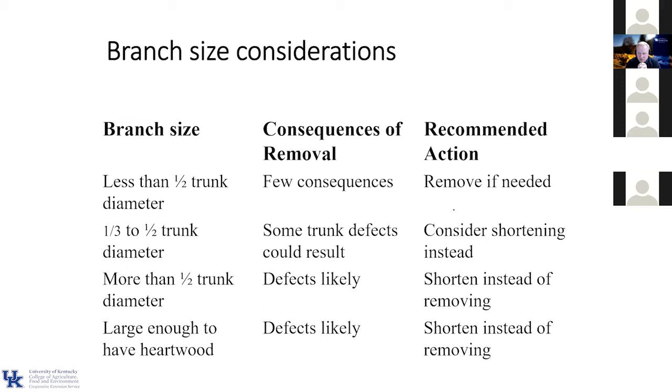Another good option, if you can do it, rather than removing a really, really big limb, is to head that limb back, and we'll talk more about that in just a second, to shorten that limb rather than removing it all the way back to the trunk. If you remove that all the way back to the trunk, it's most likely going to result in some rot and other undesirable wood decay, insect damage, and so on.